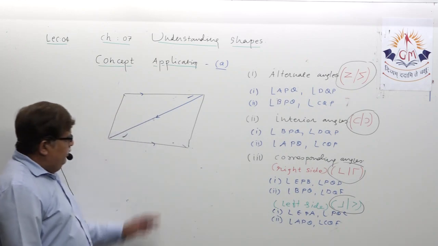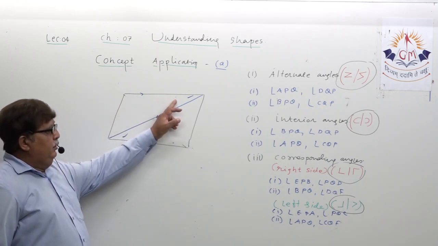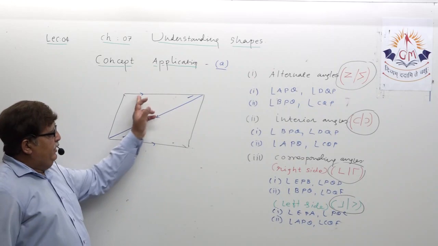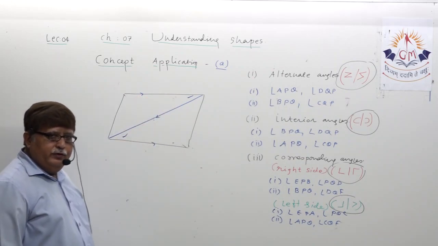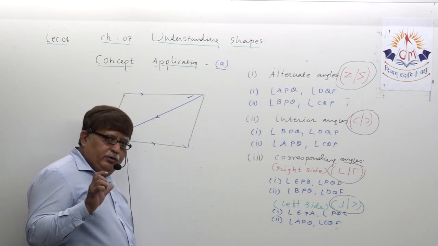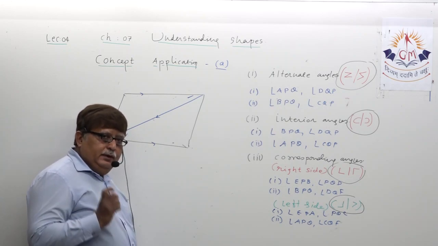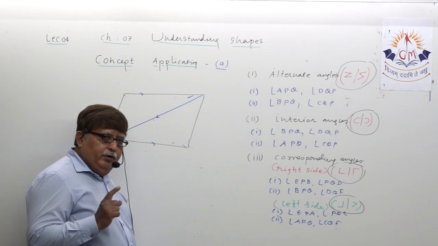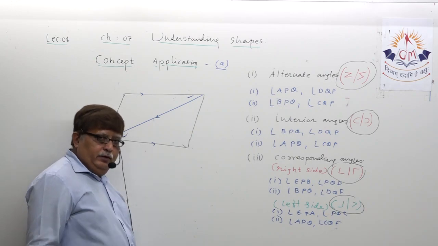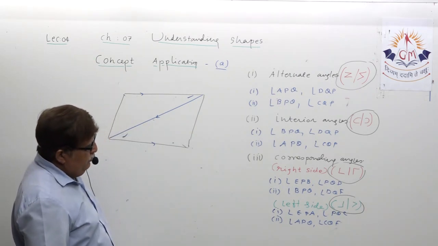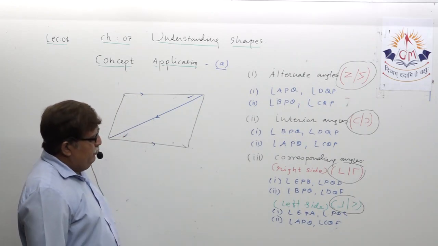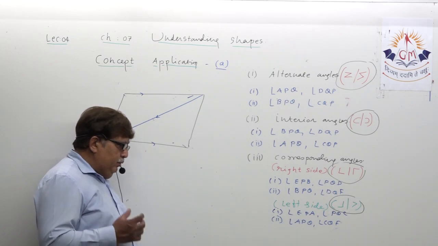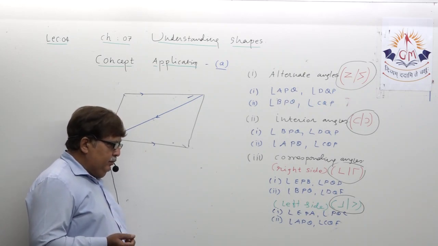So my dear student, from the diagram you should be able to find the Z or inverted Z shape so that you are able to get pairs of angles. You understood this? So this is very important. This is in today's lecture.